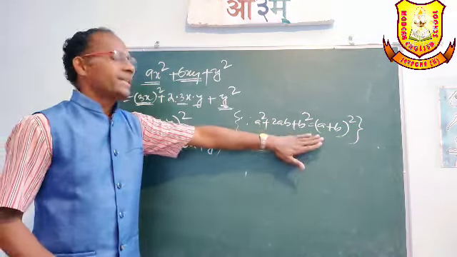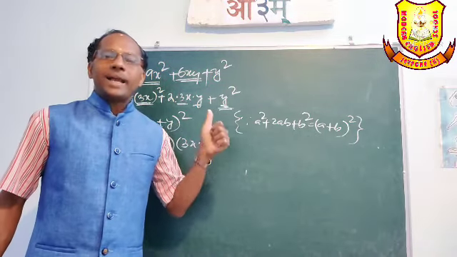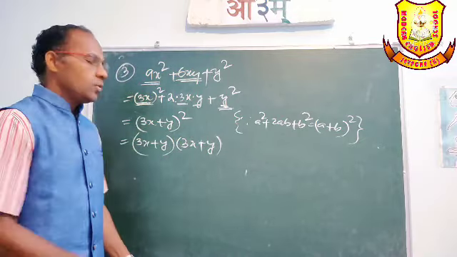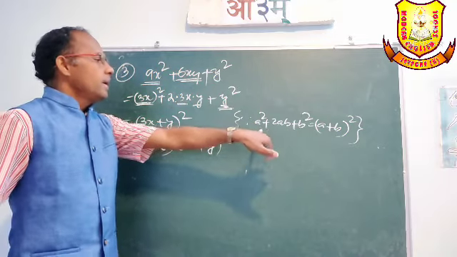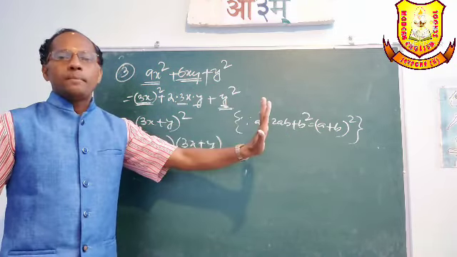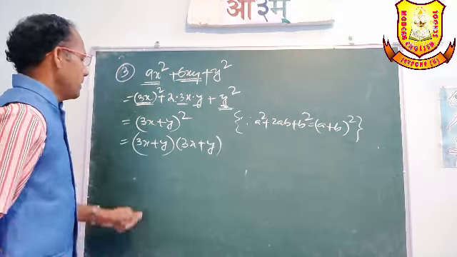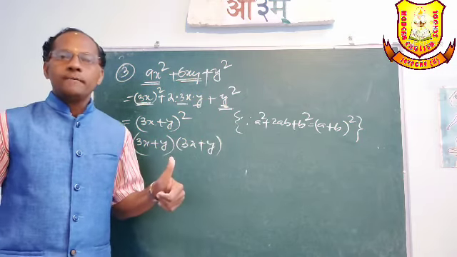So we have to write this because the question says by applying the algebraic identity. Factorize this. So we have factorized by using the algebraic identity a square plus 2ab plus b square, which is equal to a plus b whole square. Then again it is simplified: a plus b whole into a plus b. Clear?